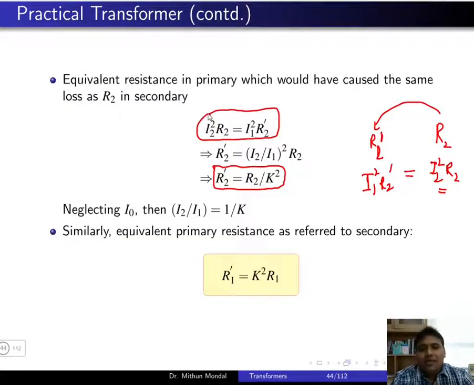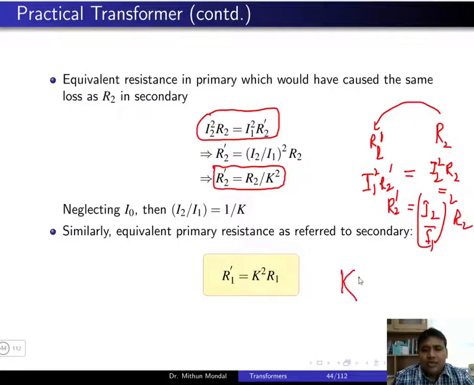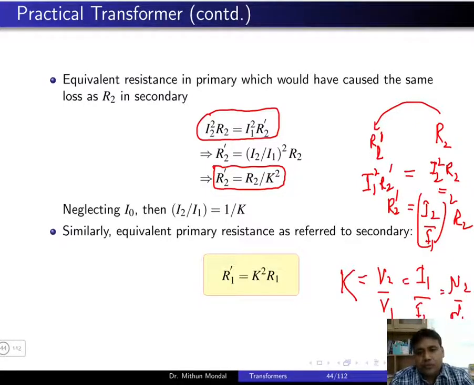If you find the value of R2 dash, you will get it equal to (I2 by I1) whole square into R2, right? And you know that the transformation ratio K is equal to V2 by V1 is equal to I1 by I2, or you can write this as N2 by N1.